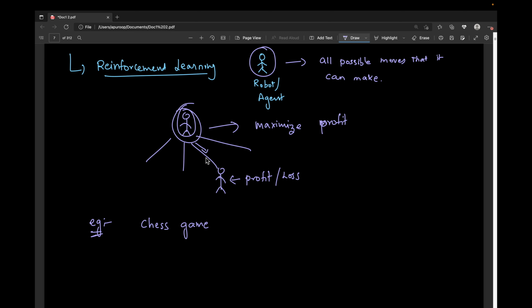After playing several times, it will understand that I should not make this particular move at this particular point of time. Like that, it will learn by itself and become so intelligent that one day it will even beat humans. Such chess games, or even any video games, all come under reinforcement learning.